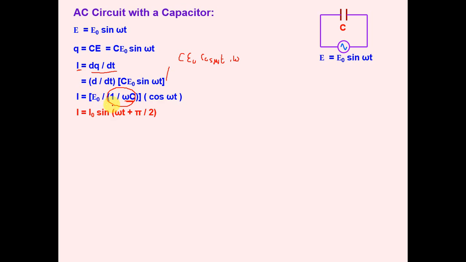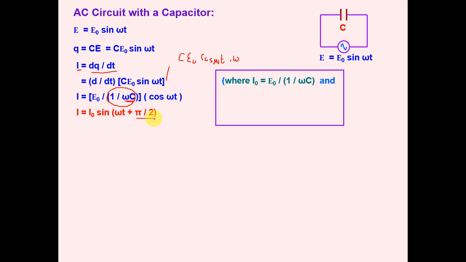This term is written as I naught, and cos omega t can be written as sine omega t plus pi by 2, where I naught is epsilon naught over 1 over omega c. This is again the opposition to the flow of the alternating current, and it is called capacitive reactance.